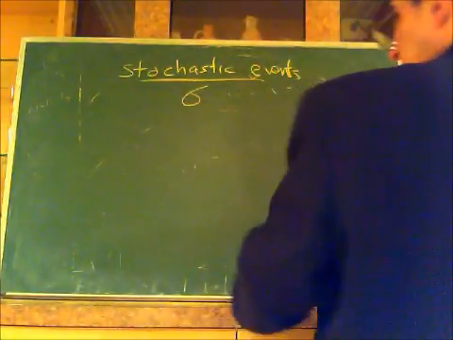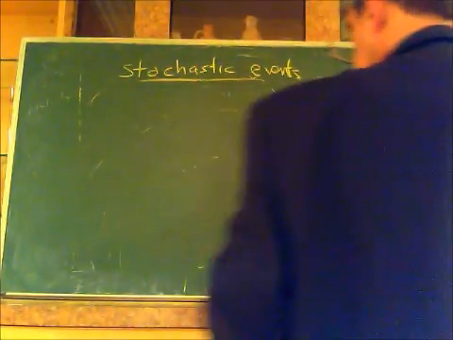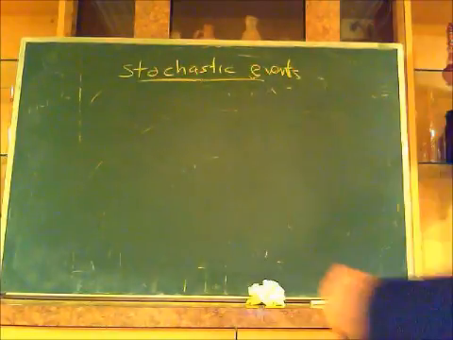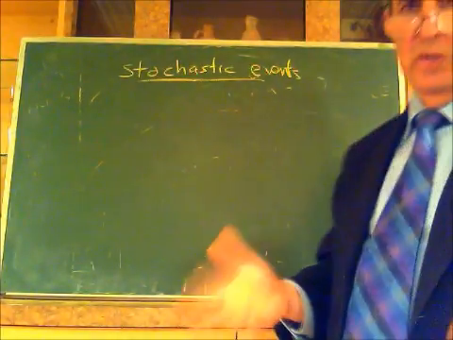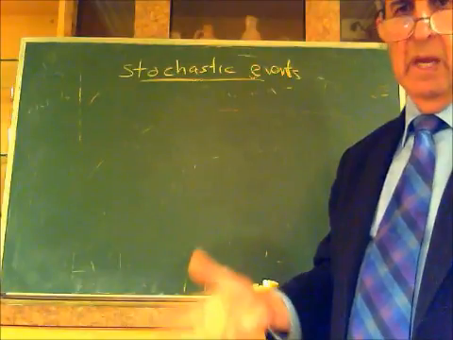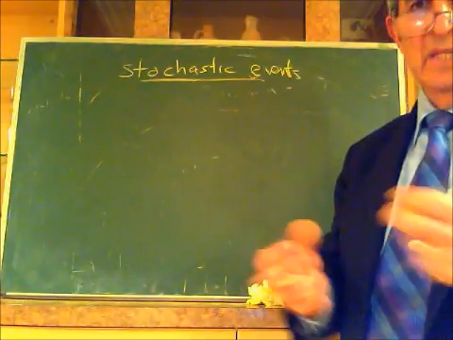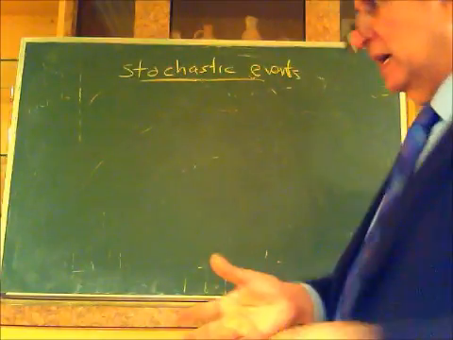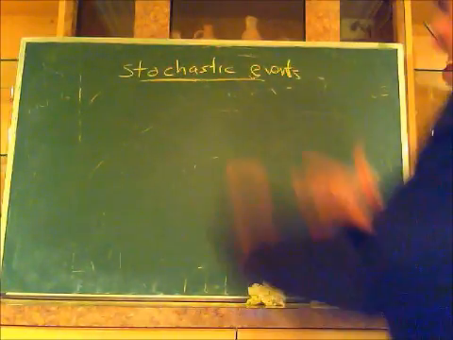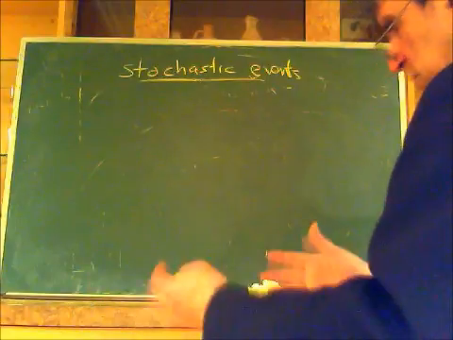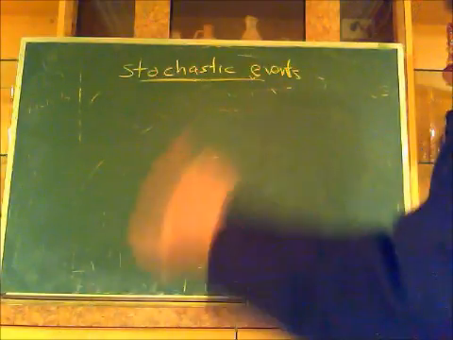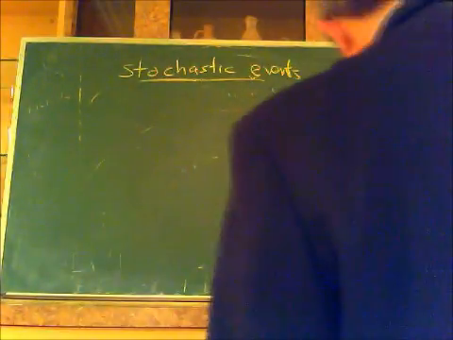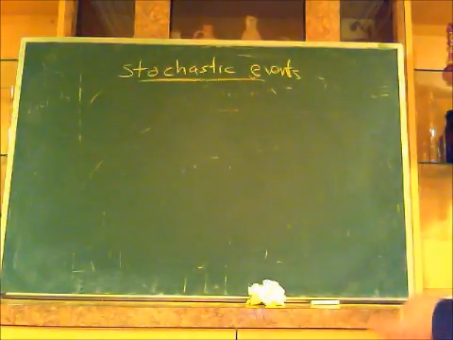With these random events, we know that a certain amount of a radioisotope is going to decay in a particular period of time, but we can't say anything about any specific atom. We don't know when that particular atom is going to decay. We only know that over one half-life, half of the material will decay, and then over the next half-life, another half of what's remaining will decay.